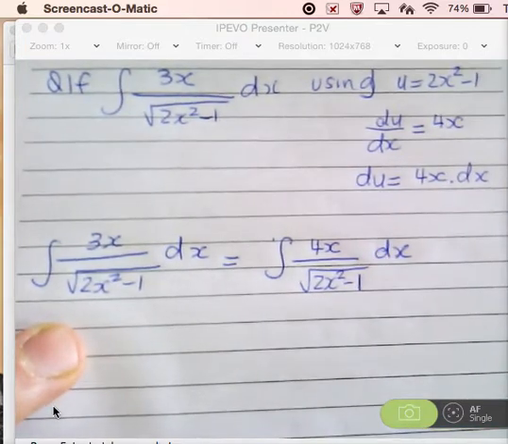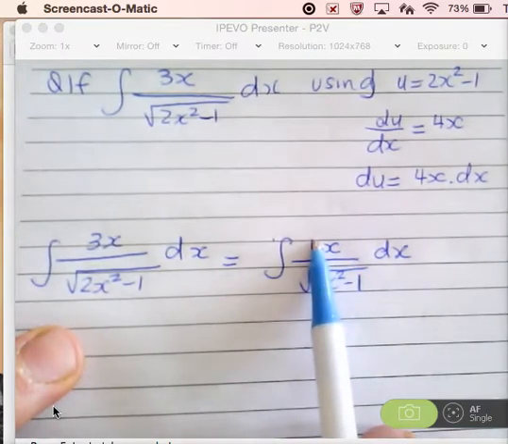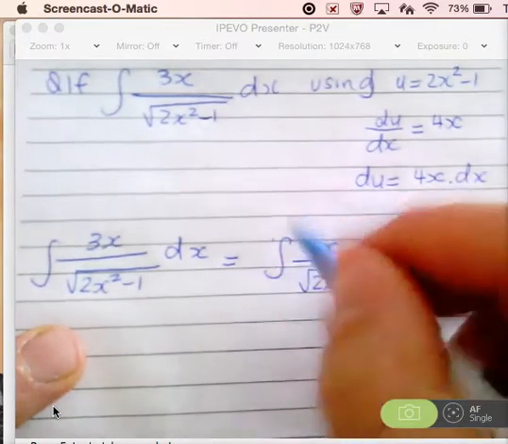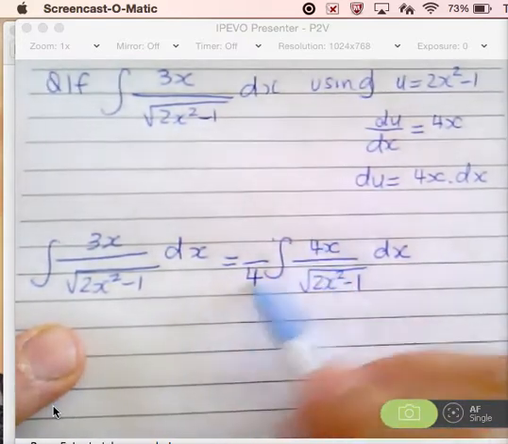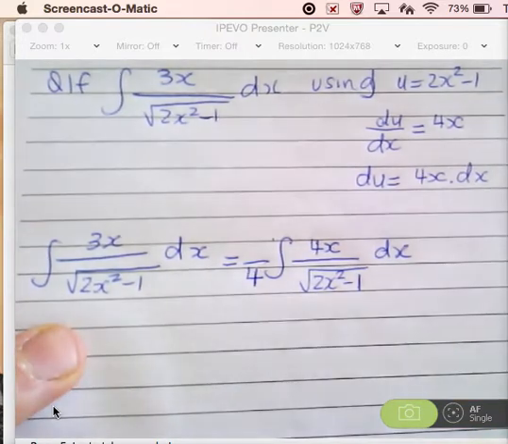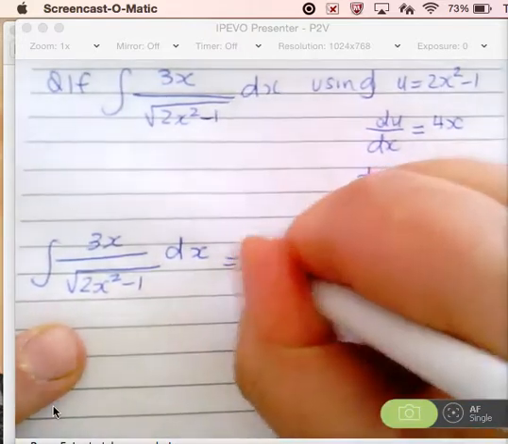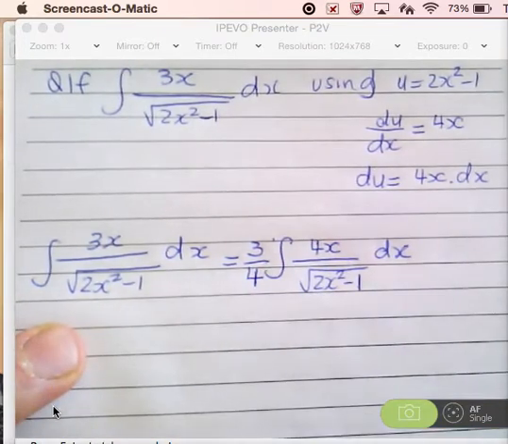Now, that is not my question. That does not equal that. I want to undo that 4. That 4 shouldn't be there. So a 4 on the top gets balanced with a 4 on the bottom. So now there is no 4 up there anymore. But what do I want at the top? What's 3/4 times 4? 3.